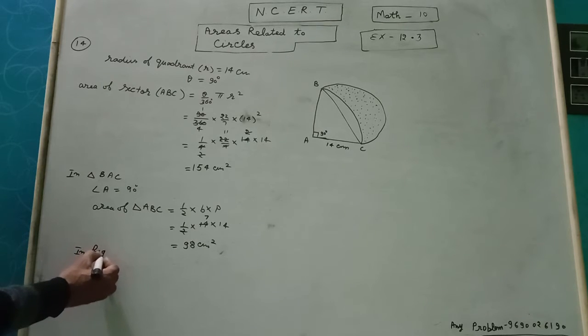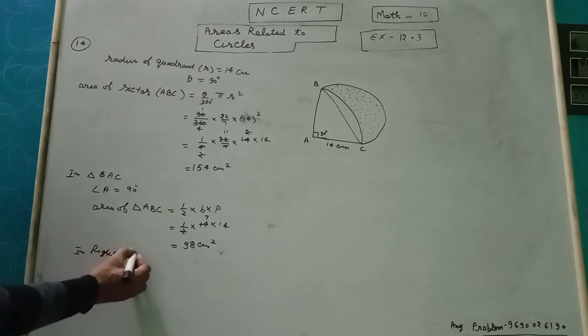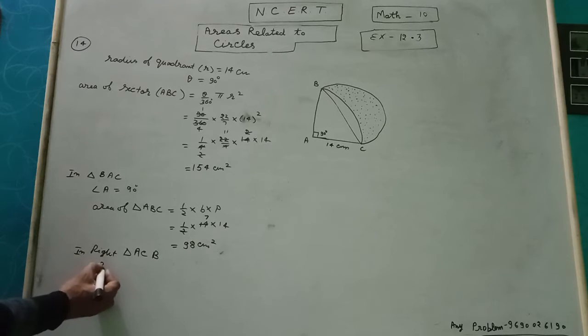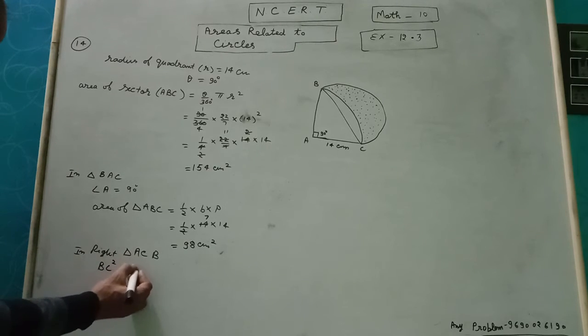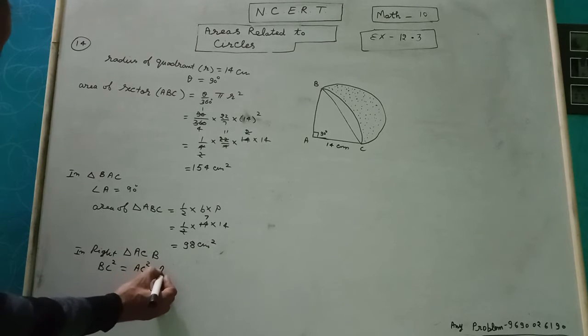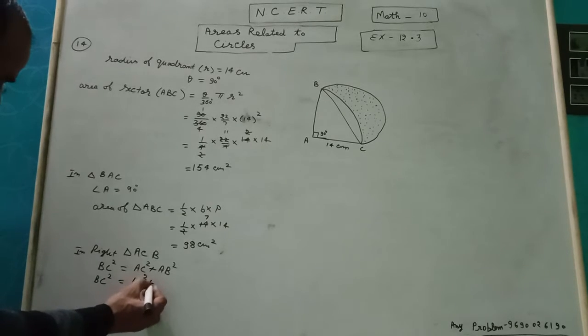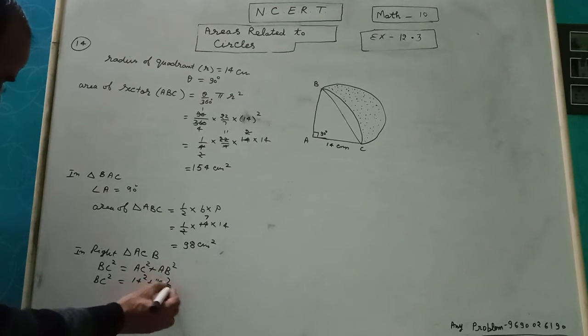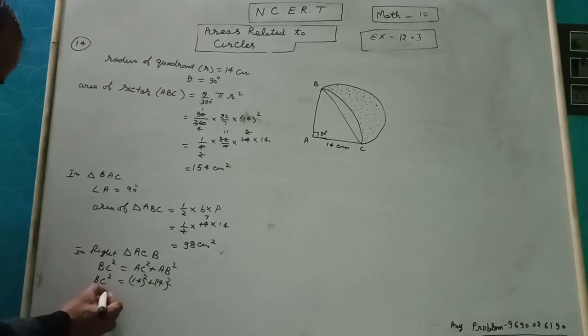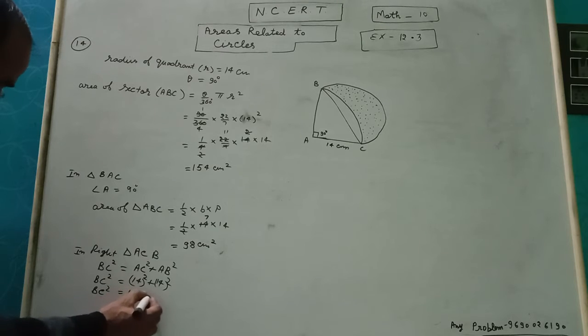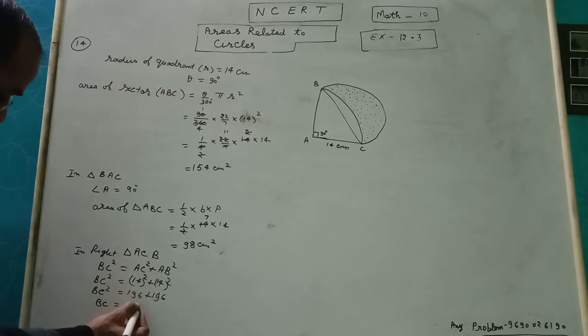In right triangle ABC, find BC. BC will be the hypotenuse. Both AC and AB are known, so BC square is 14 square plus 14 square, equal to 196 plus 196, which is 392.